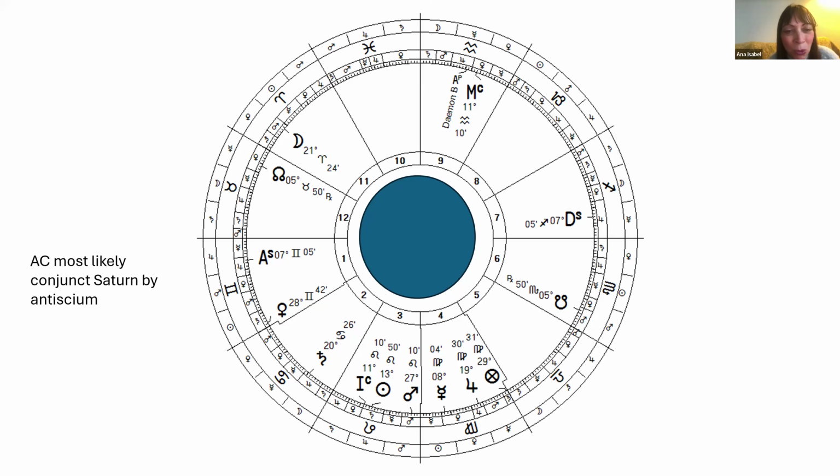So when we're looking at charts, we always have to understand that there are modifiers, and that a conjunction, a square, a trine may not always be what it appears to be. There might be more information that's very subtle behind there.